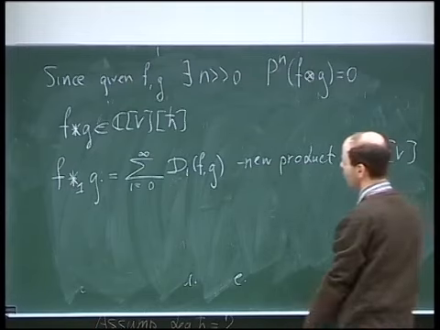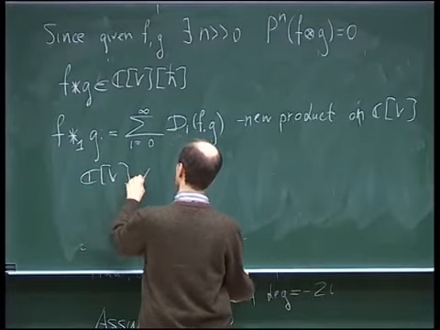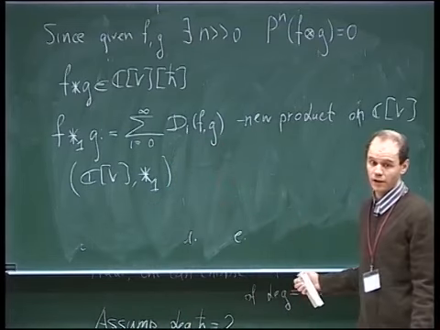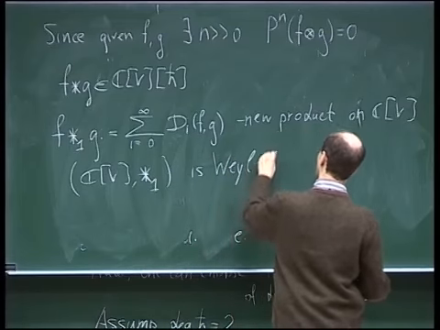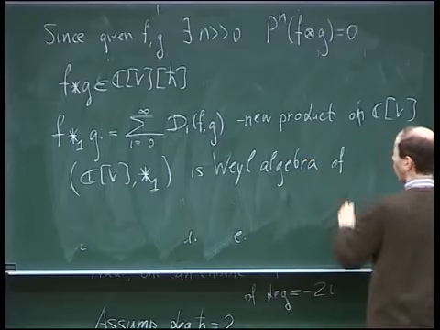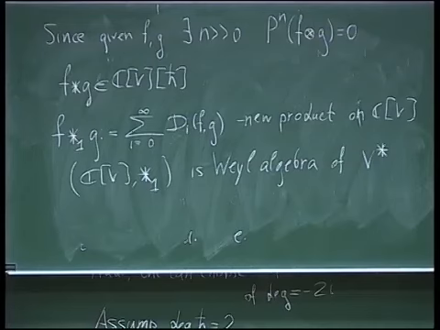So this algebra, C[V] with this star 1, is nothing else but the Weyl algebra of the dual vector space V tilde. So let me recall what the Weyl algebra is.